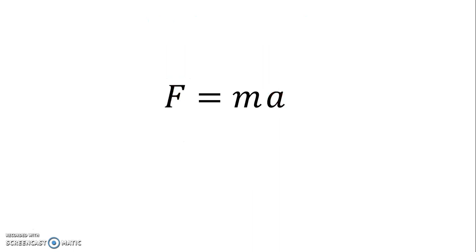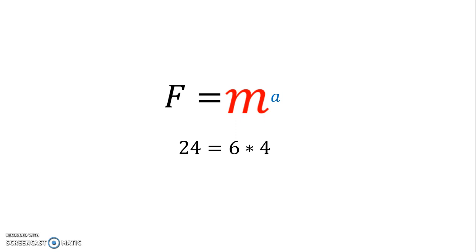Now let's take the same equation and see what happens to the acceleration if the mass increases and the force remains the same. If the mass increases, then the only way to keep this equation equal is for the acceleration to decrease. Again, I can show this using some values for each variable.